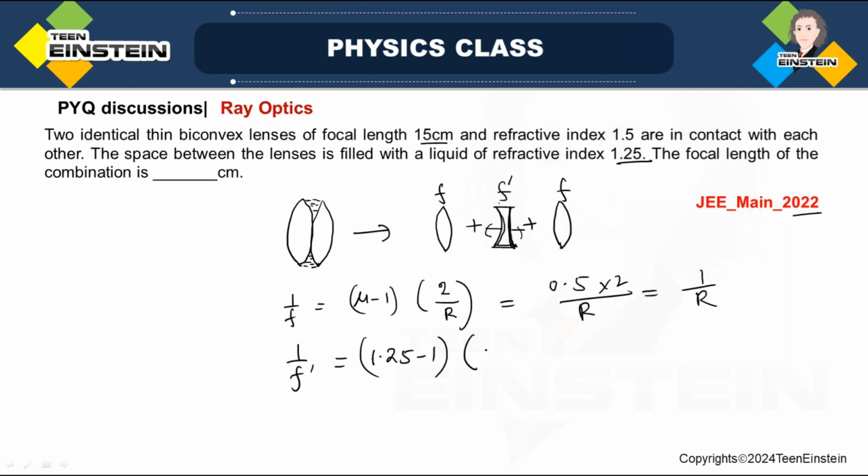If both are the same, then 1 by r1 means 1 by r with a minus sign, plus 1 by r2, which is positive, but in the middle there will be a negative sign.